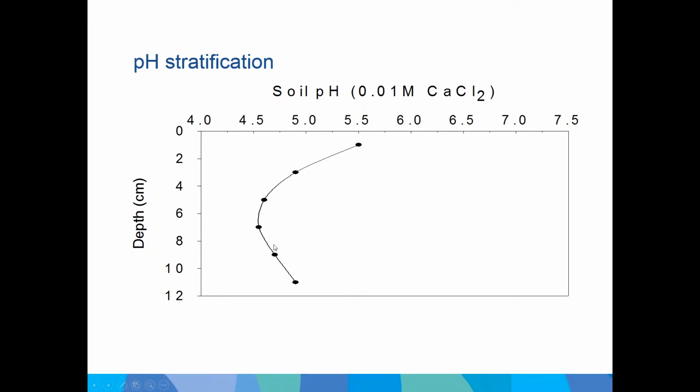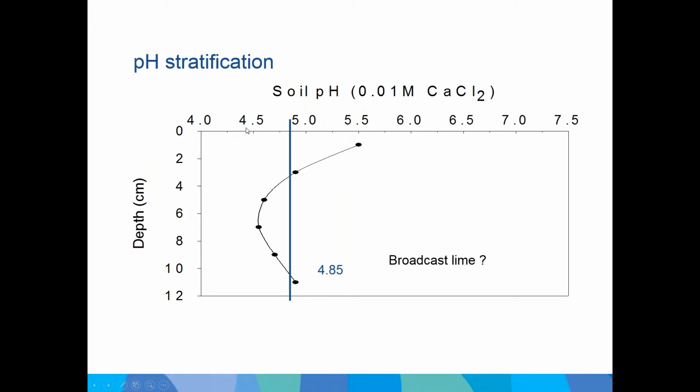Now the problem is this: if you take a 0 to 10 soil core of that and mix it up and send it off to a lab, the number that comes back is effectively an average across that coring depth, and in this case it would be 4.85. And you'd go, right, 4.85, maybe I want to broadcast lime, because I want to get that higher up, and you can have a debate.